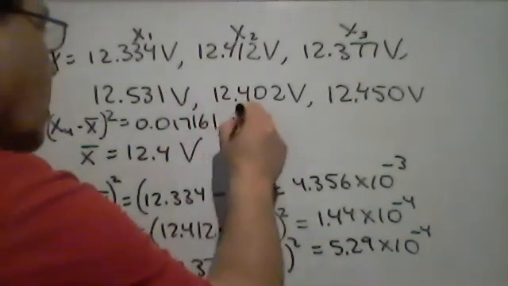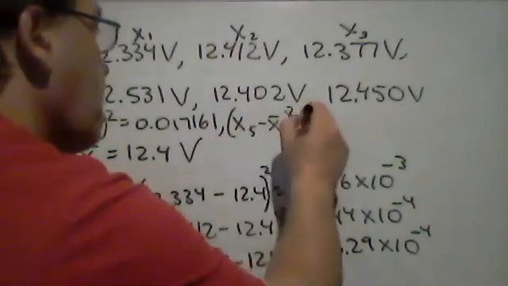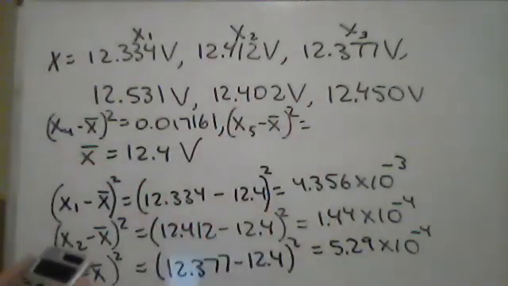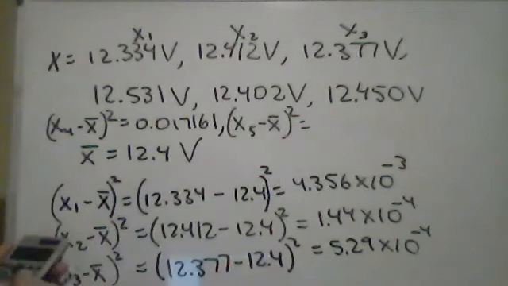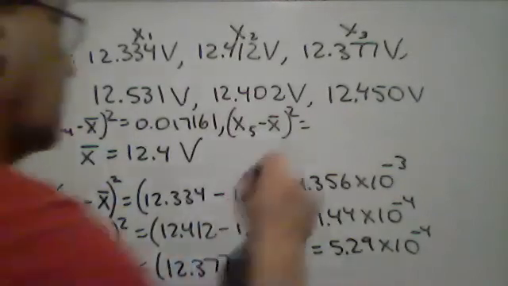Okay, I'll do X5 minus X bar squared. Okay, that'll give me, let's see here, 12.402 minus 12.4 squared, 4 times 10 to the negative 6.